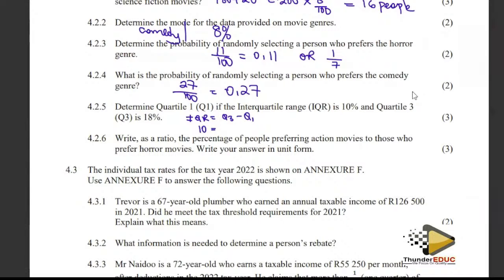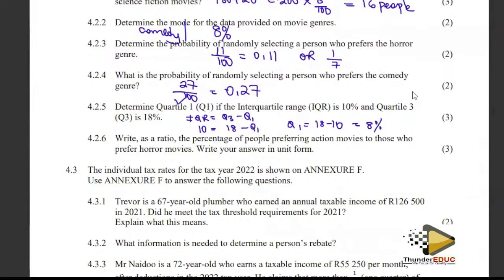You have the upper quartile as 18. You don't have quartile 1. So what number was subtracted from 18 to give you 10? So your Q1 will equal 18 minus 10, which is 8. You're determining quartile 1, the lower quartile.